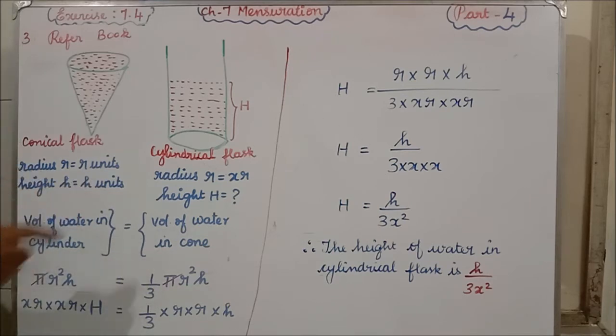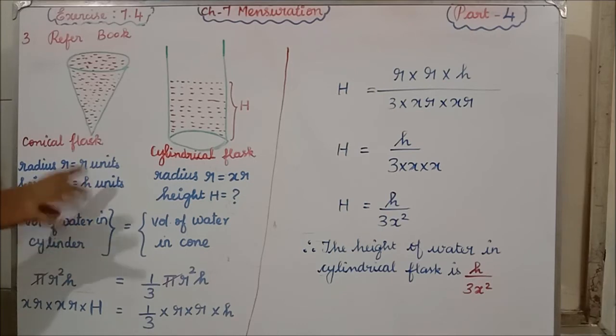I am cancelling pi. Okay, then what is the cylinder radius we are having? xr into xr. What is the height we are having? We don't know the cylinder height, so I am keeping it as capital H. That capital H only we have to find. Isn't it? Equal to 1 by 3 into the radius of the cone, which is small r itself, so r into r, and the height of the conical flask is h itself.